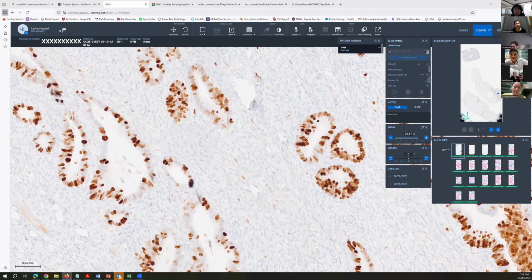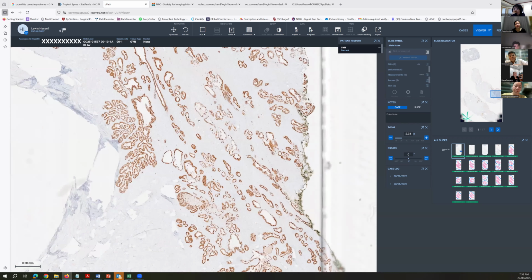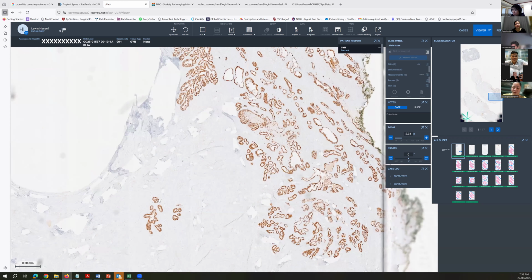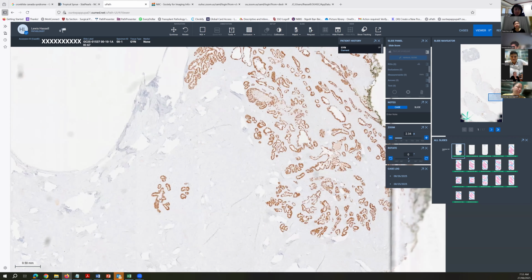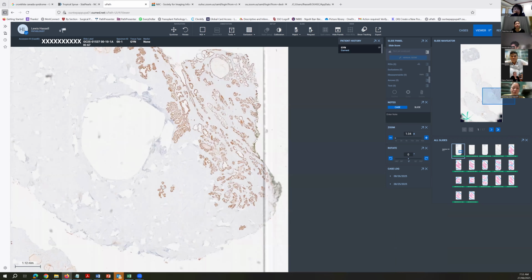So the P16 showed that even your deepest tissues were positive for P16, but this was not one of the areas where we had that minimal deviation pattern.